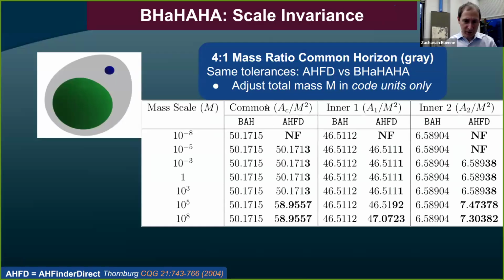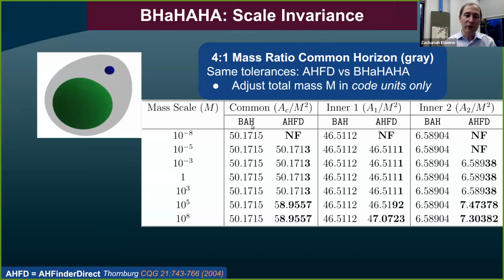Here is another. Oh yeah, this is very interesting. So what I did was I set the same tolerances on HFinder Direct and Baja, and all I did was adjust the total mass in code units. This is a test of how scale invariant your apparent horizon finder is.